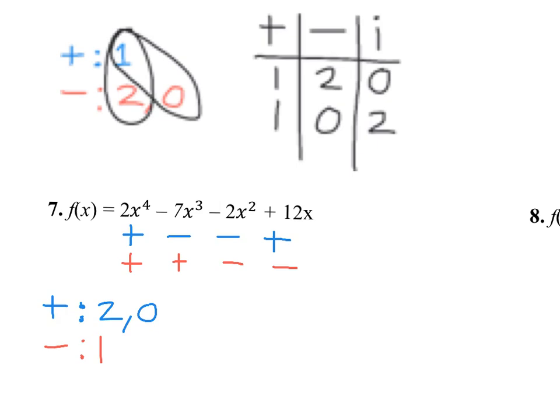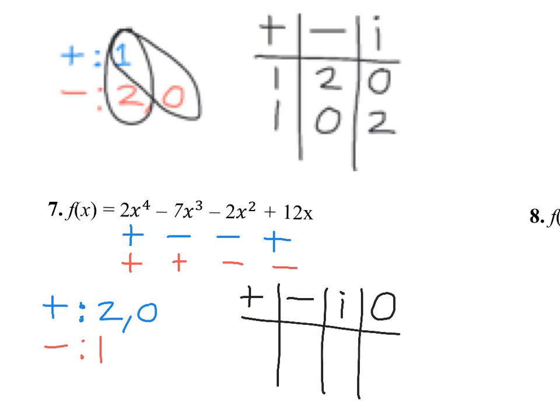Okay, so I'm going to make my table. And this one has a special case: positive, negative, imaginary, and there's also a 0 root on this one. The reason I could tell 0 is a root, if you look at the original problem, you were taught to always check for a GCF first.